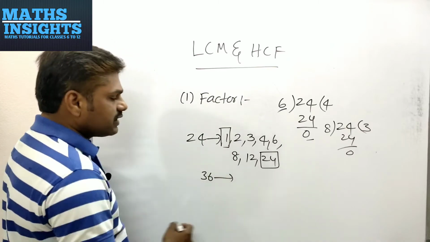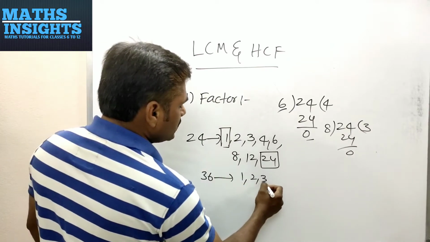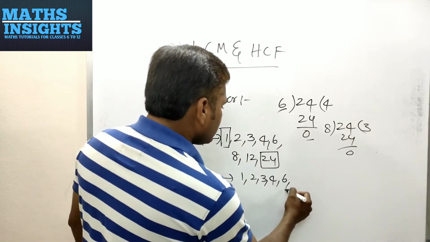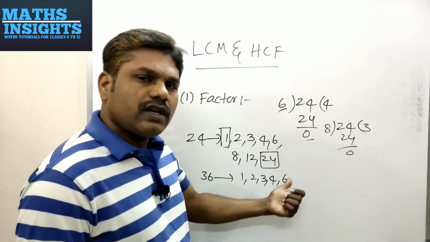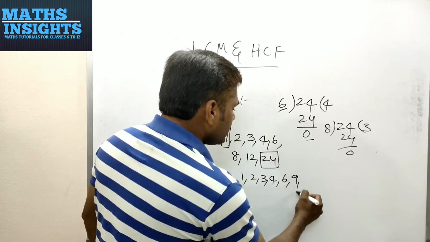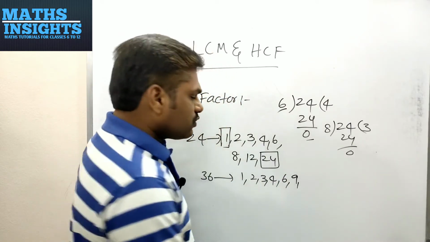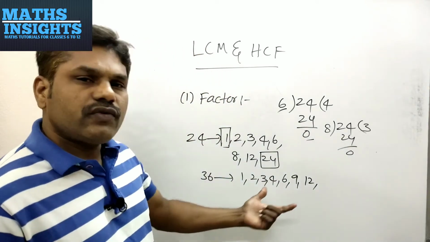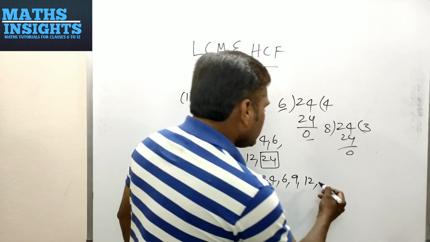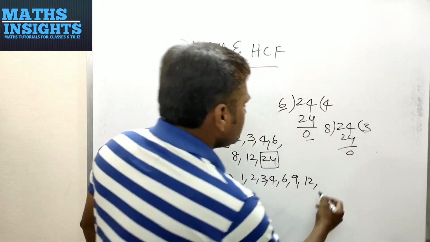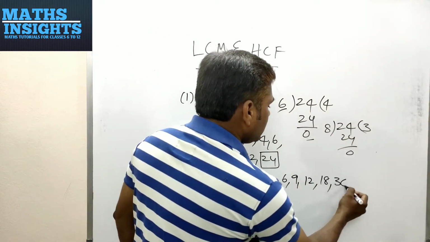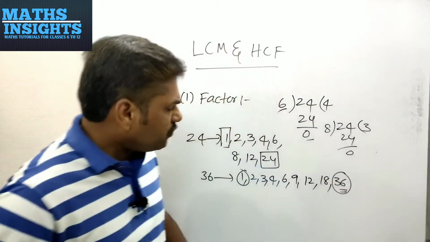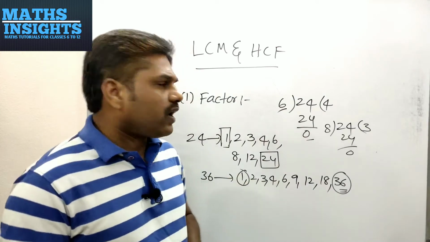If you take 36, you will have 1, 2, 3, okay, 4, not 5, and 6, okay, not 7, 8, 9, 9 is there, not 10, 11, 12 is there, 12 threes are 36. So next, if you write like that, you will find that 18 is one factor, and finally 36. So you will find 1 and 36, minimum 2 factors, and you will find more factors also.